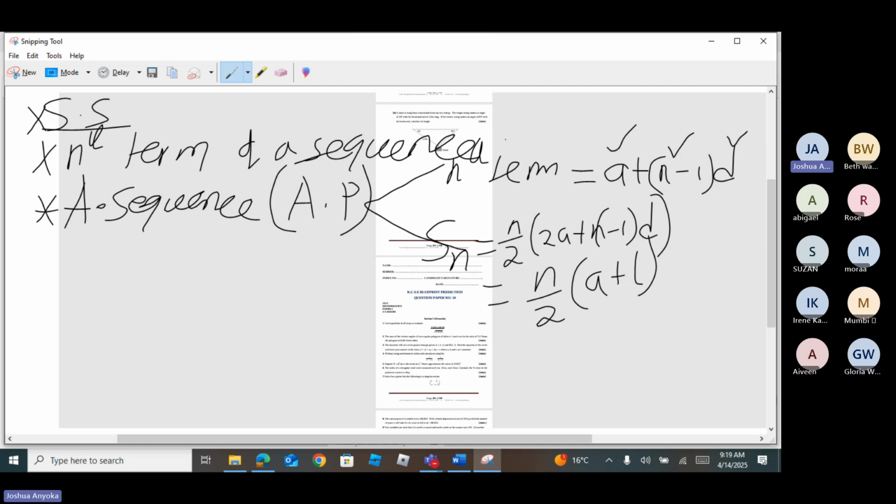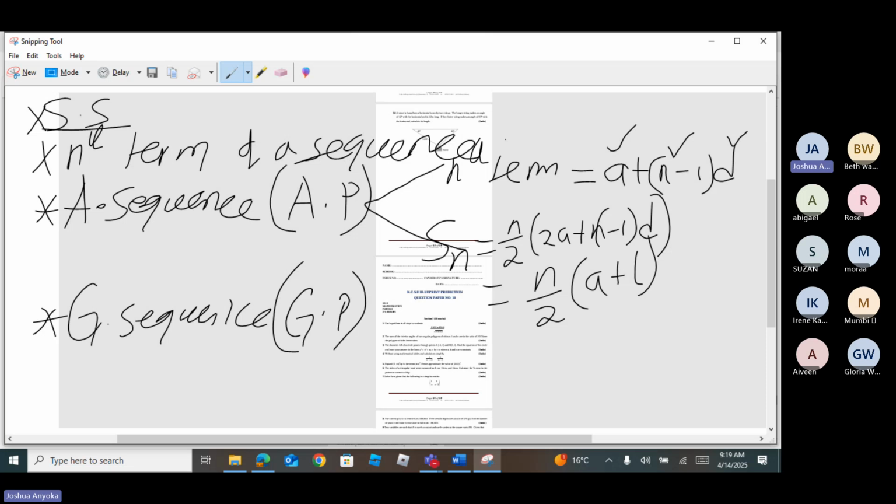Then we have number 3, the geometric sequence, commonly called GP, geometric progression. Here we also know two things. How do you find the nth term? A R to the power n minus 1. How do you find the sum of the first n terms? There are two formulae.